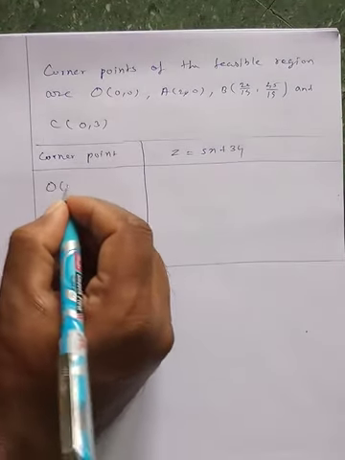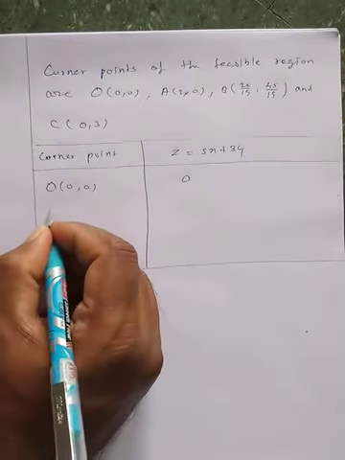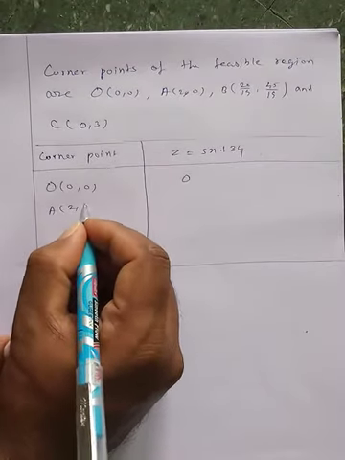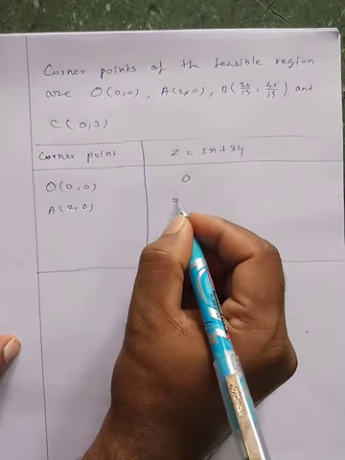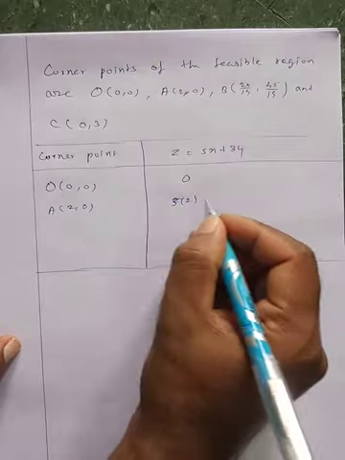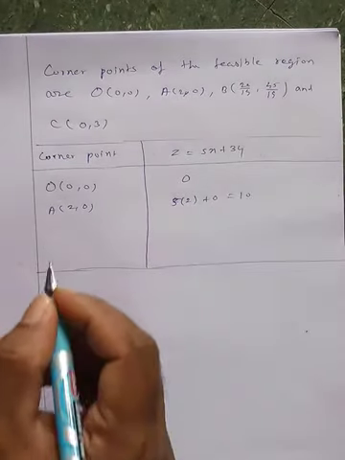First corner 0, 0. Then Z is equal to 0. Next point A of 2, 0. So Z is equal to 5 into 2 plus 0 is equal to 10.